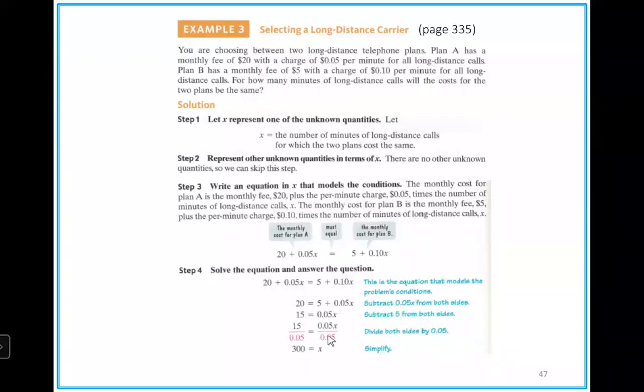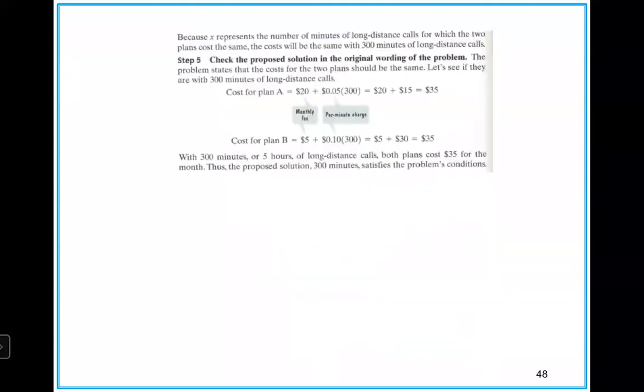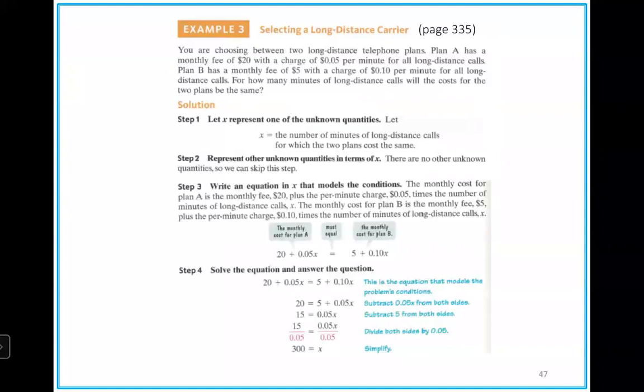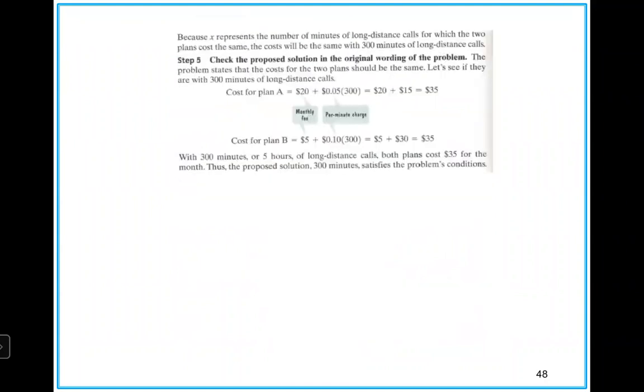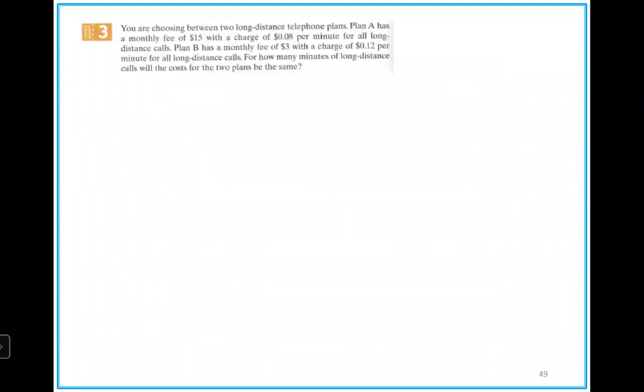Okay, so that's another scenario that we could use in terms of practical applications of algebraic equations.